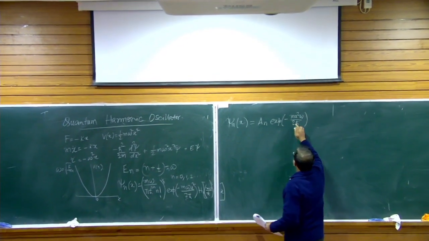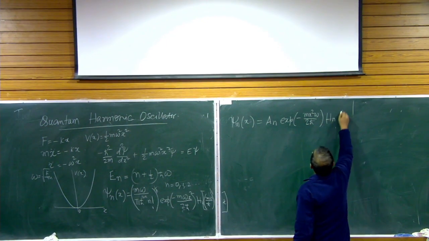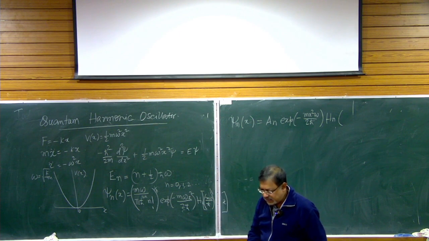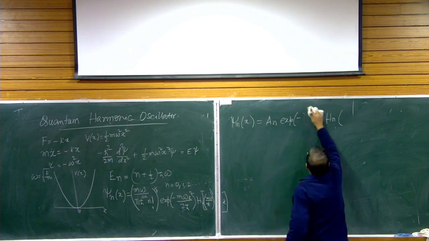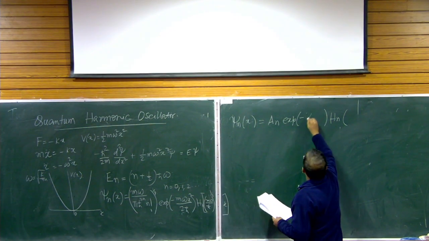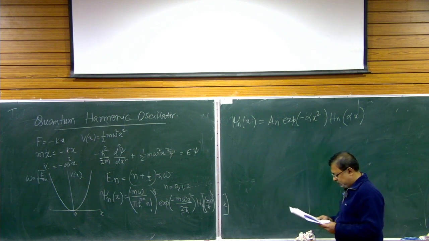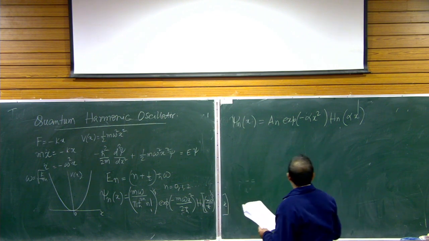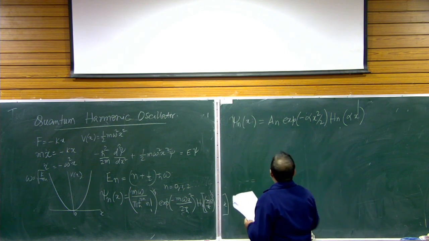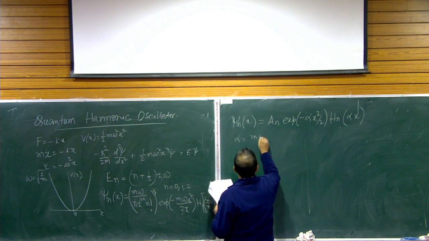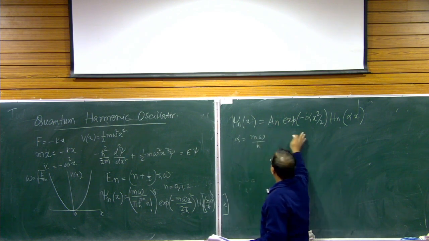Let's call this alpha, just to make things simpler, so it is exponential minus alpha x square by 2, where alpha is equal to m omega by h cross, and that is the form of the solution.